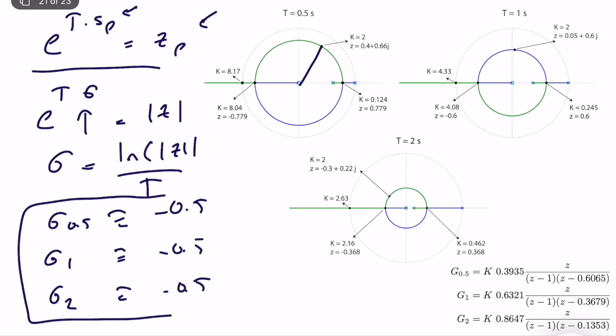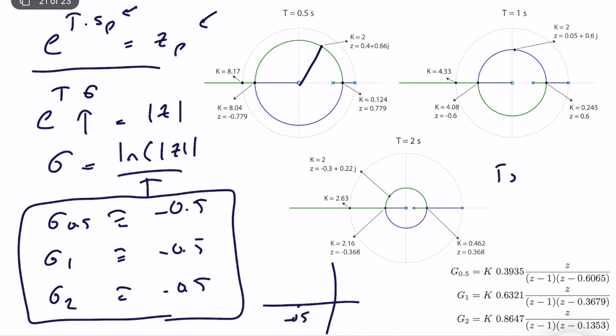I think that's fantastic. So from a continuous time perspective, if we do the reverse mapping, we will see that they have the same real part, 0.5, and we know that the settling time is, if I remember correctly, 4 divided by sigma for 2%.